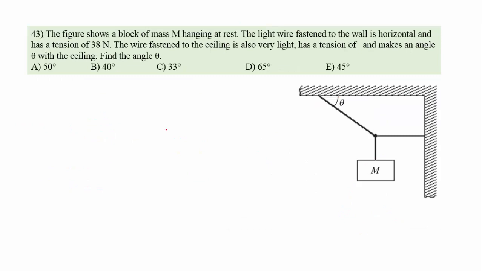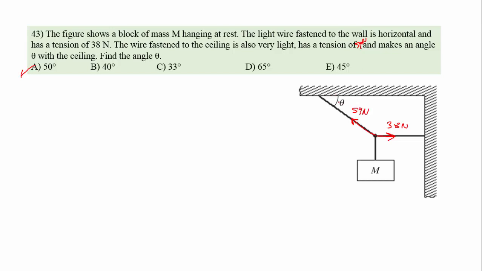Okay, the answer to question number 43 is A. Now if you look at this problem, the force is acting on the mass here on this junction. We have the tension on this side rope, which is 38 Newton, and then we have the tension on this other rope, and both of those ropes are massless, hence the tension is the same everywhere, and this force here is 59 Newton.